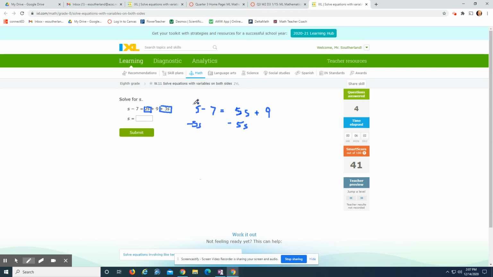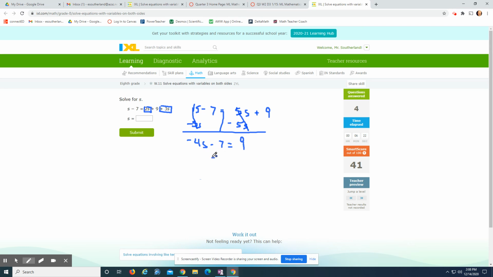Now keep in mind that there's a 1 in front of this s. So what ultimately happens is these cancel out, or not cancel out. 1 minus 5 is negative 4. S comes with it, minus 7 drops down, equal sign drops down. These 5s cancel out, positive 9 drops down.